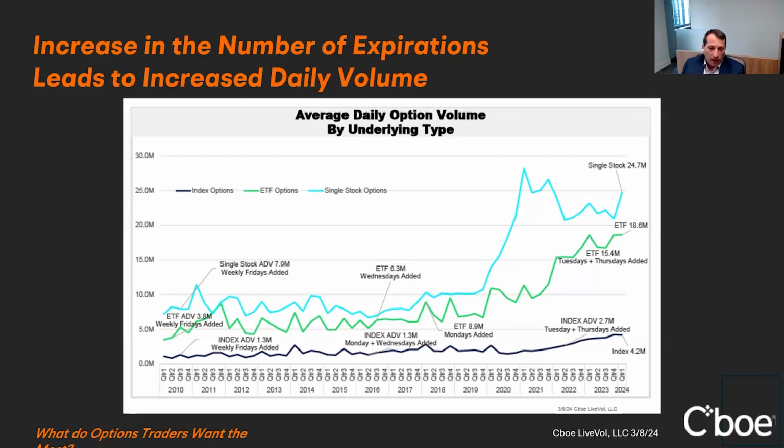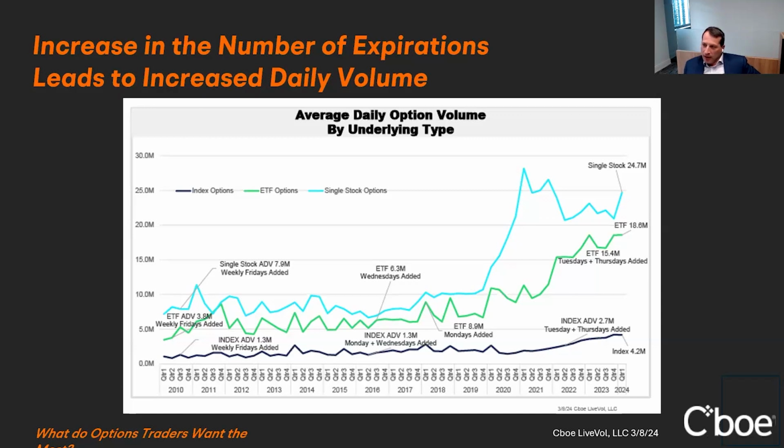Certainly, when the new expirations came out in 2022, we have seen a volume increase since in ETF and index options. I would say, generally speaking, the options industry is on pace for a fifth or sixth straight record year of average daily volumes, and that actually runs the gamut between single stock, ETFs, and index options.